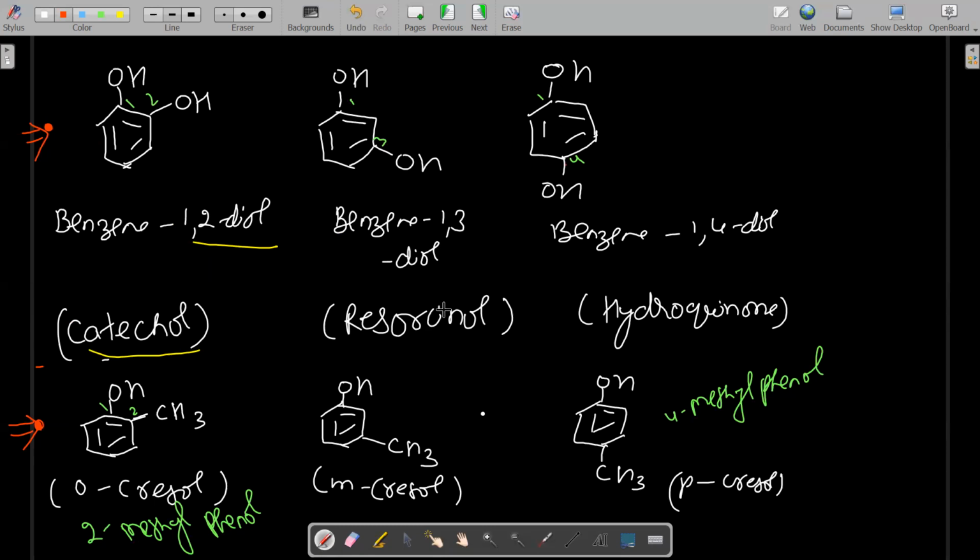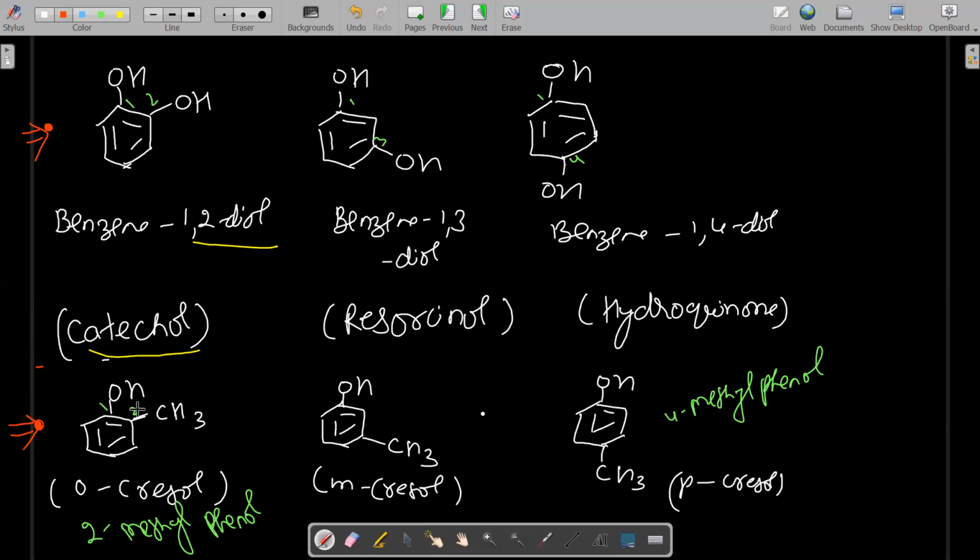What is resorcinol, or what happens when resorcinol reacts with bromine water? Then you should know the structure of resorcinol. Now, one more example I have taken, which is not a polyhydric phenol, that is only phenol.